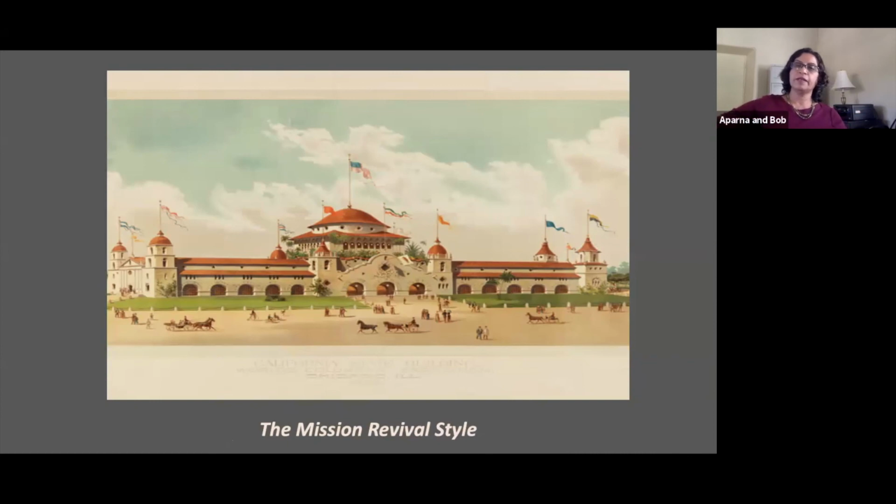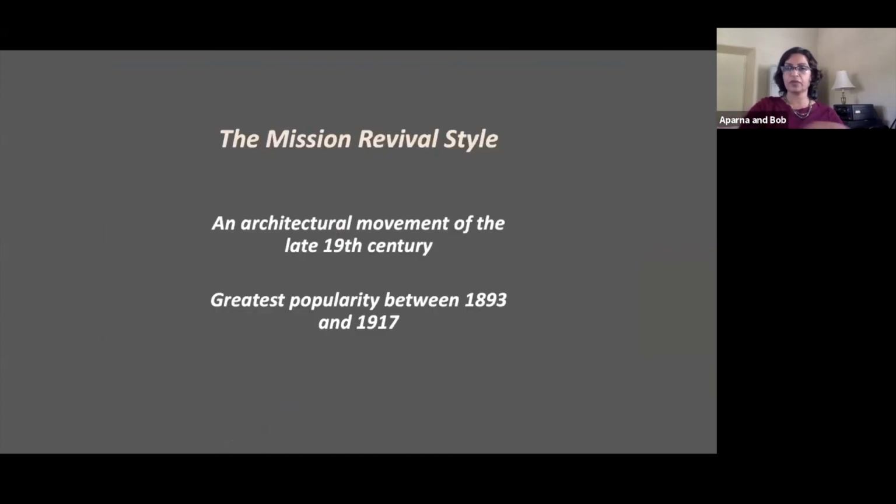Brown incorporated mission details such as the red tile roof, domed bell towers, Churrigueresque stars, scalloped gables, and stucco walls to represent an emerging California identity. The mission revival style was popular between 1893 and 1917 and was used in numerous residential, commercial, and institutional structures.